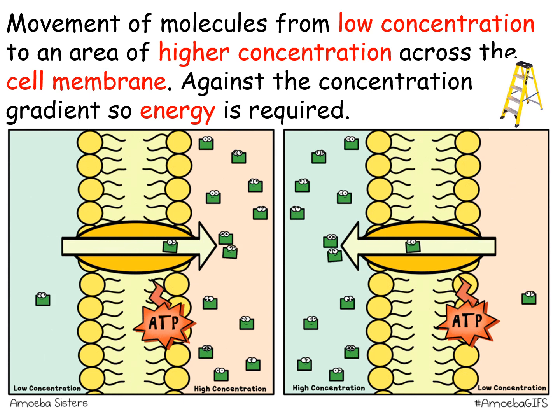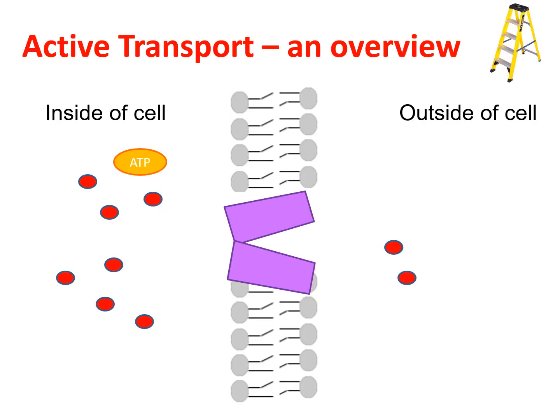Let's see if we can see that in a little more detail. This is a nice overview of active transport. You can see that we have our cell membrane, which is actually made up of two layers, a phospholipid bilayer. You don't need to worry too much about that term.